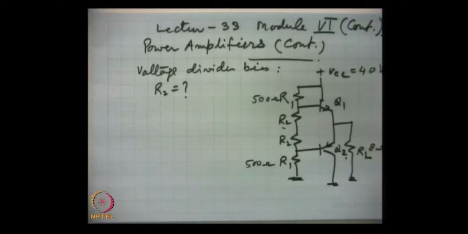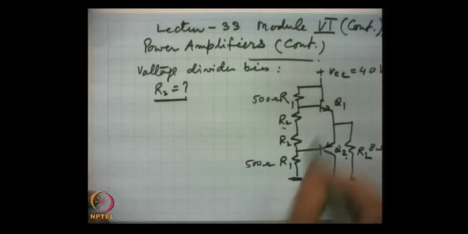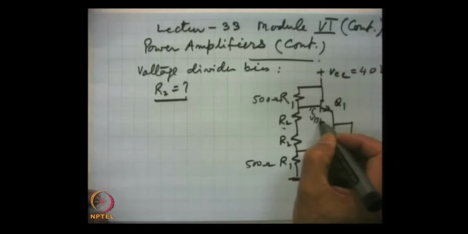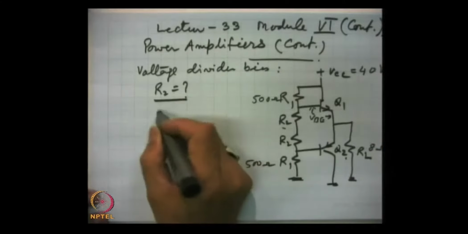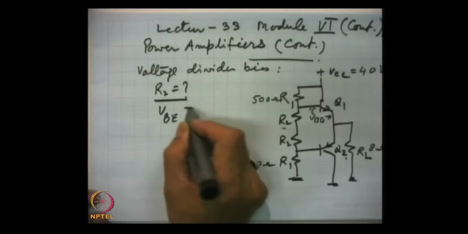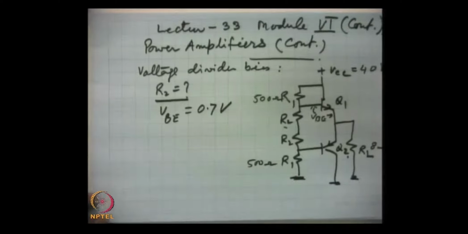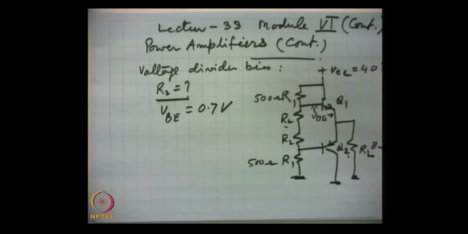Loudspeakers, for example, are of 8 ohms, 4 ohms, 16 ohms, like that, and we have to find out the value of R2 to provide this voltage V_BE equal to 0.7 volts.